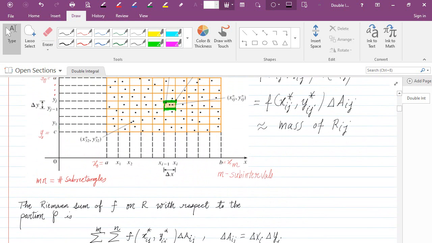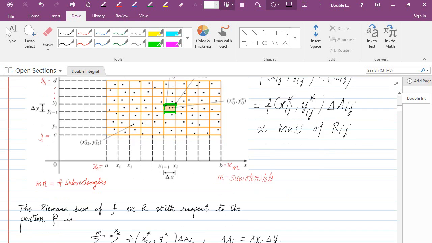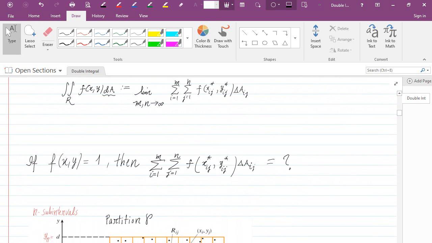If I am summing the areas of these subrectangles, then I should be getting the area of the entire rectangle. So if the function f is 1, then the Riemann sum here is simply going to give me the area of the rectangle R.